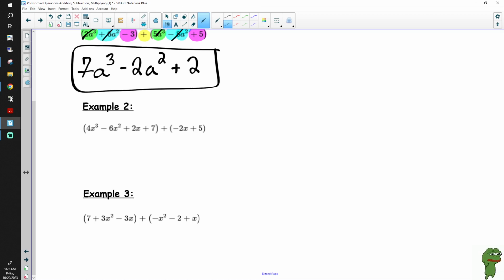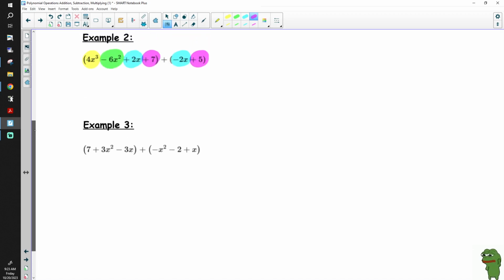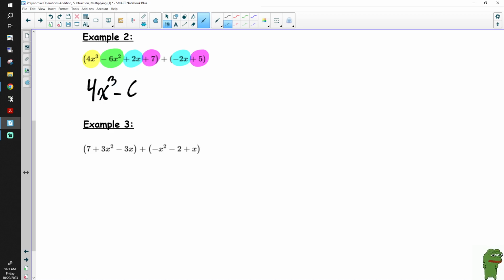You're done with example 2, you should be doing example 3. I'm putting up example 2 so you can check. If it doesn't have like terms, drop it. Combining the blues, you get 0, so we don't have to write anything.